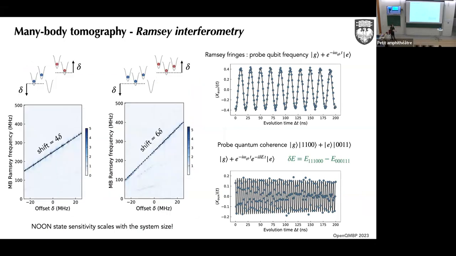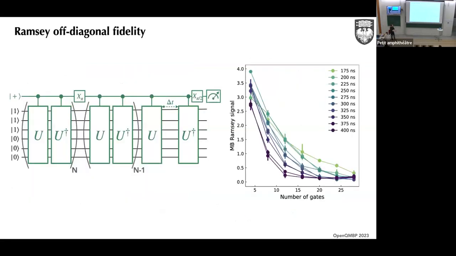And what I'm saying is that you can change your system to have energy offsets, and you can see that your Newton state sensitivity scales with the system size. You can see that your many-body spectroscopic peak shifts as a function of the system size for both the 5-qubit Newton state and the 6-qubit Newton state. So, I'm just going to summarize with that.